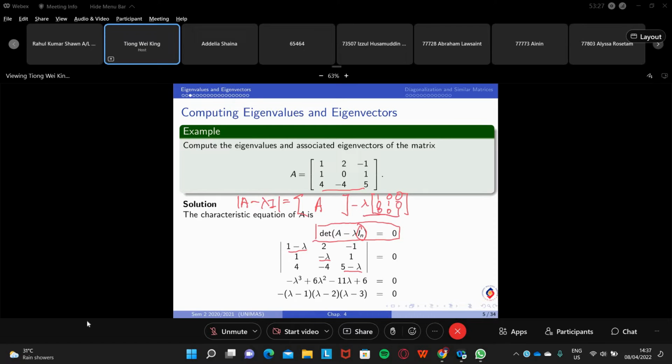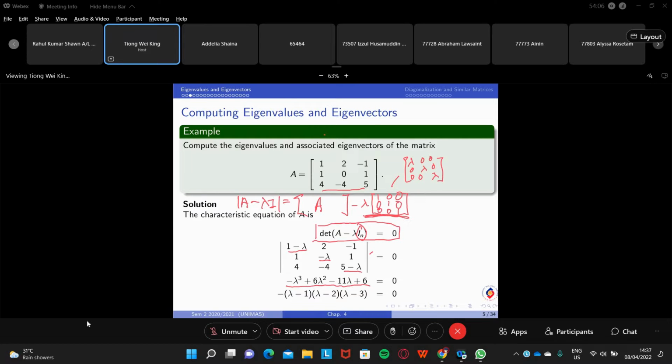Basically this part equals minus lambda, and the other entries are 0. If you do the subtraction, you will get this, equals 0. Here you use the cofactor expansion to find the determinant, and if you simplify, you will get this.